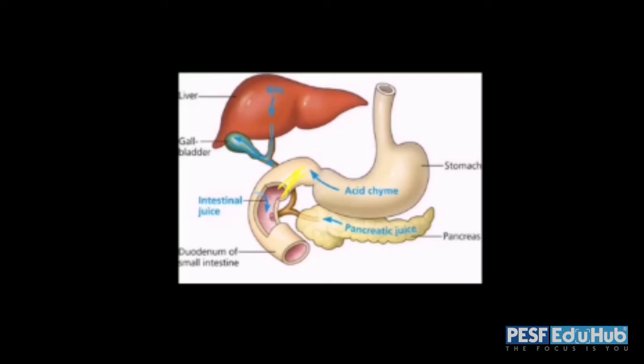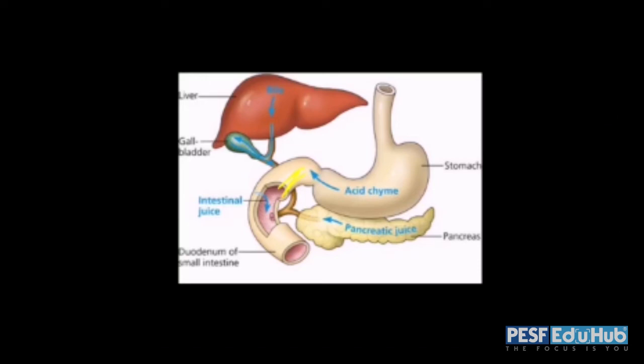Pancreatic juice contains the enzyme called lipase. Lipase converts emulsified fat into fatty acid and glycerol. Emulsified fat means the fat on which bile has acted. After the action of bile, the fat is changed into small spherical droplets.